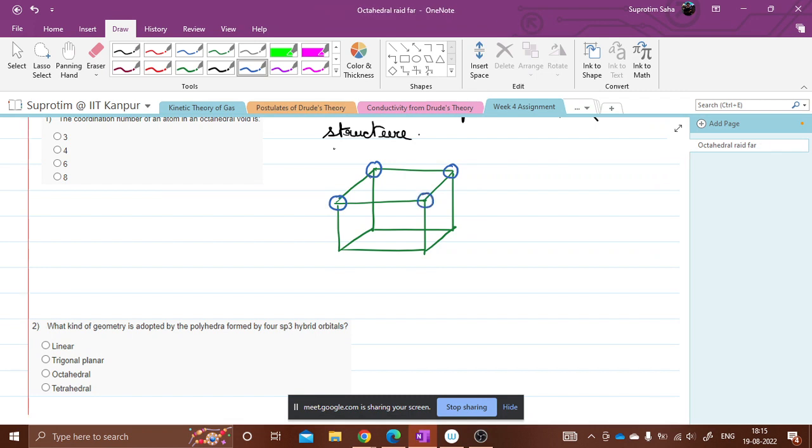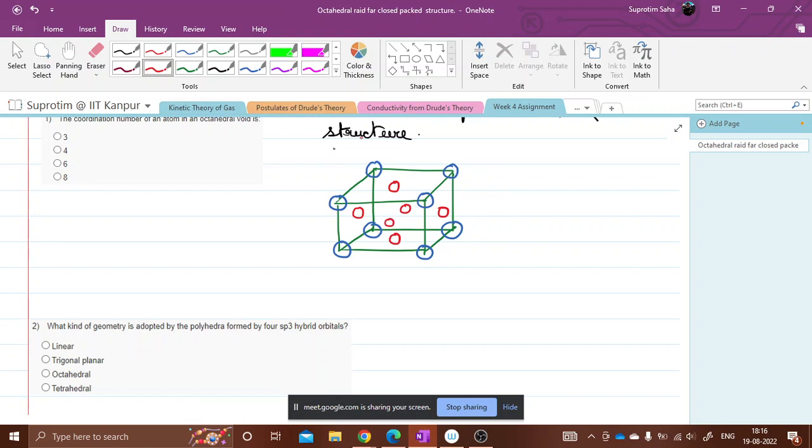These are all the same atoms, but for distinction I am drawing the atoms at the faces in a different color. On top, this face, this face, this face, and this face.